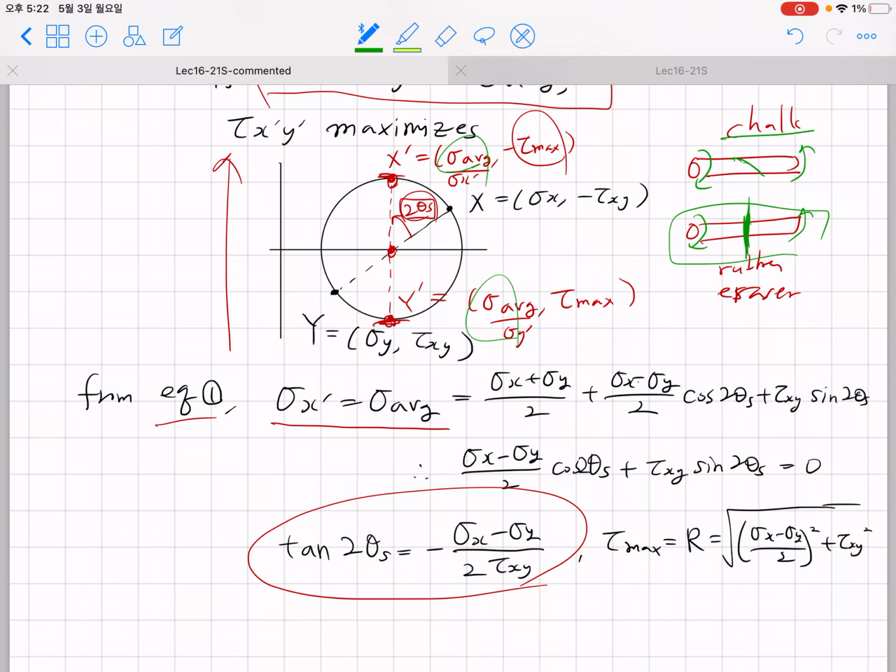So it's really important to obtain the axis where we have maximum and minimum normal stress, and the other axis where we have the maximum shear stress component tau x prime y prime. In the next video I'm going to give additional example problems related to this lecture content.